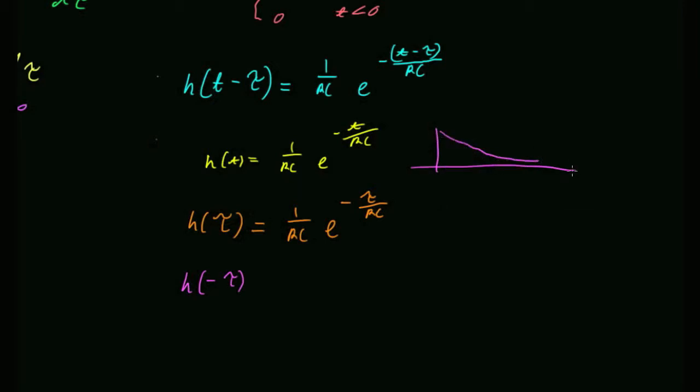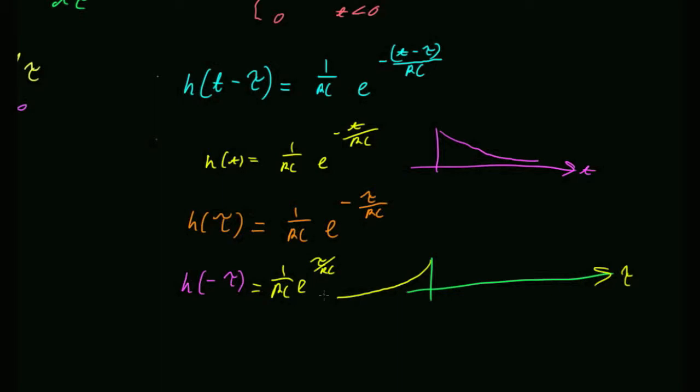Exactly, it's going to be flipped the opposite direction. So what's that expression going to be? That should just be 1 over RC e to the positive tau over RC for what values of tau? Right, for tau less than 0.